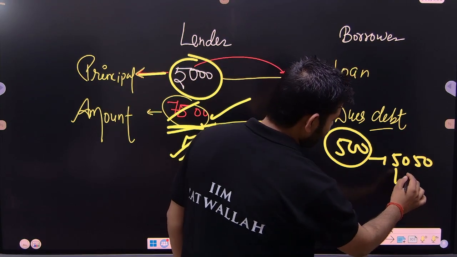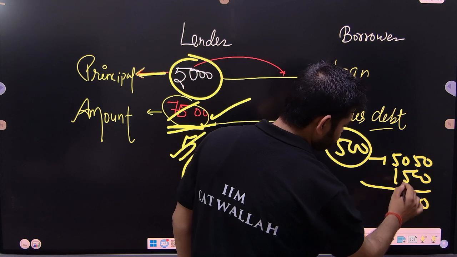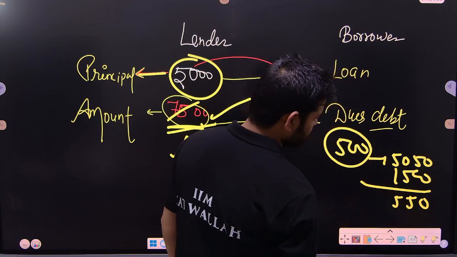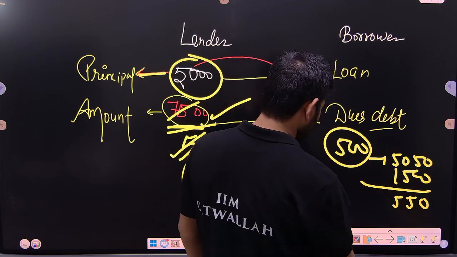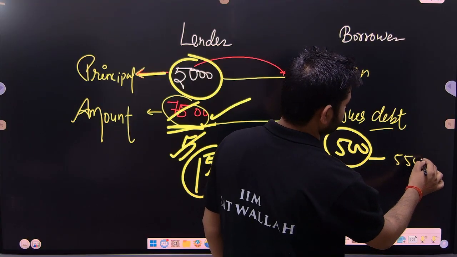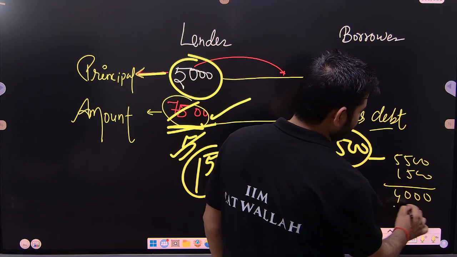And I pay only 1,500. So the rest would be 5,500 minus 1,500, guys, rest would be 4,000.